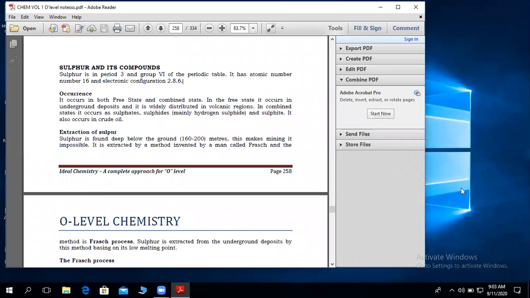Now, how does sulfur occur? Sulfur occurs in two states. It can occur as a free state, or it can occur in other compounds of sulfur. In free state, sulfur occurs underground.